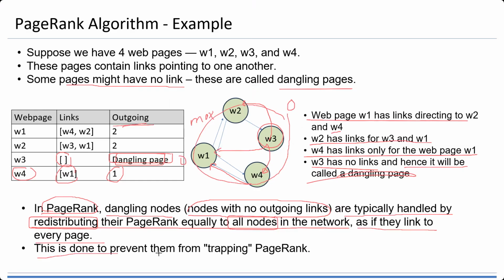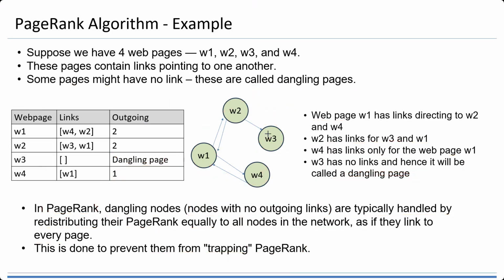This is done to prevent them from trapping PageRank. A trap means, for example, from W1 it will always go to W3, and from W2 we can always go to W3. So in order to avoid this trap, we put a big value for this dangling page.